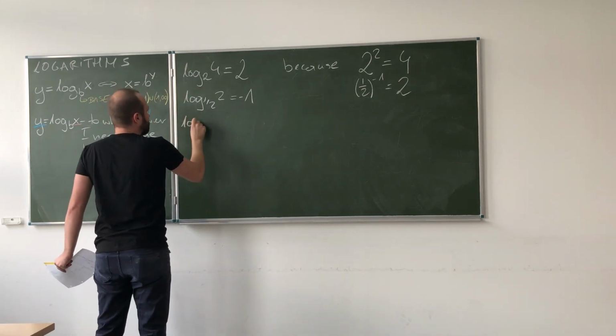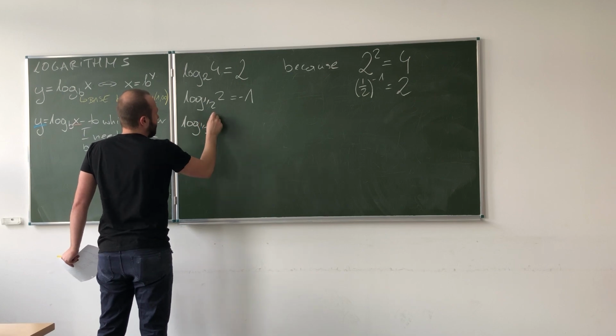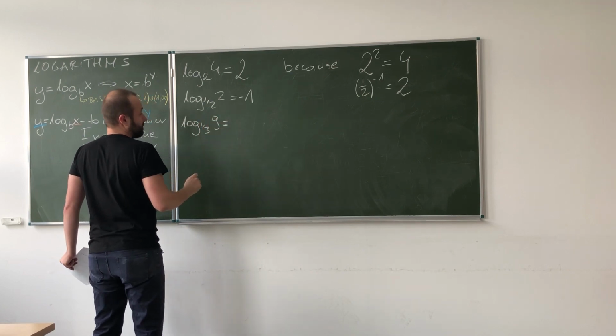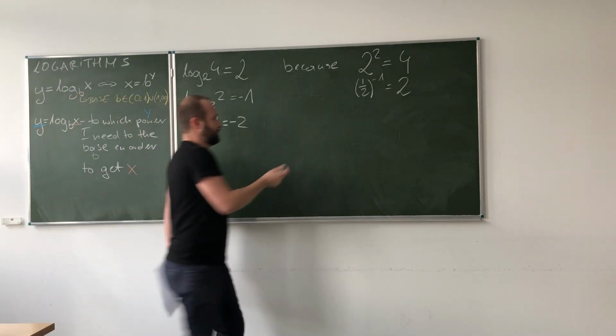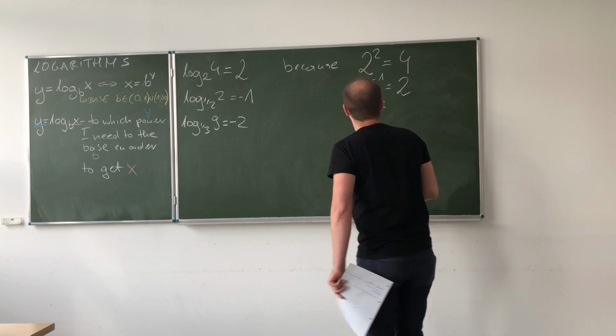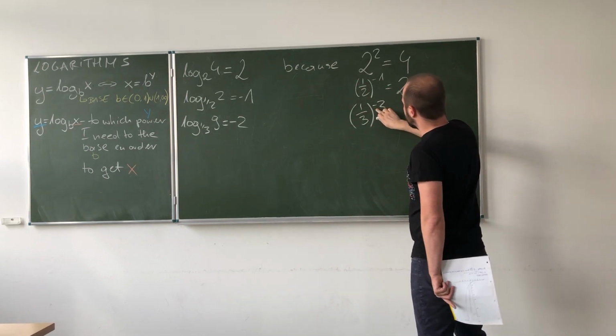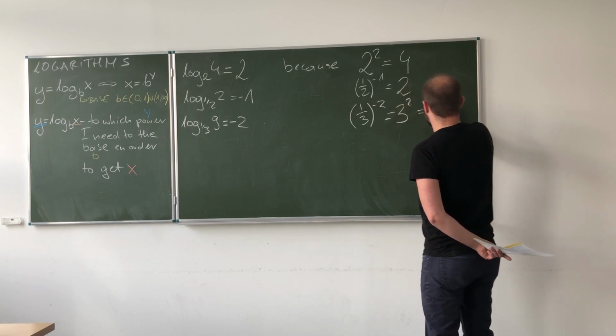Then, logarithm with base 1 over 3 out of 9 is negative 2. Because if I'm going to take 1 over 3, take it to the power of negative 2, I'm going to get, look, first, if I'm getting rid of the minus, this is simply 9.